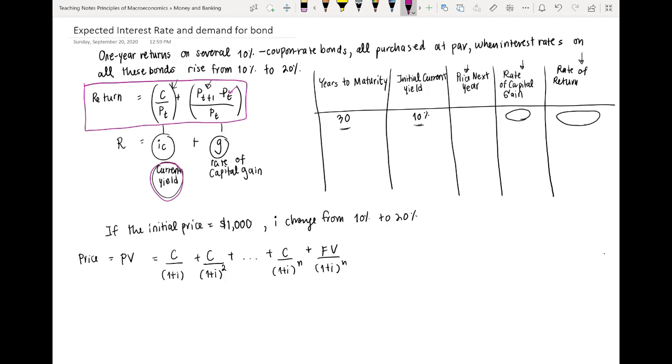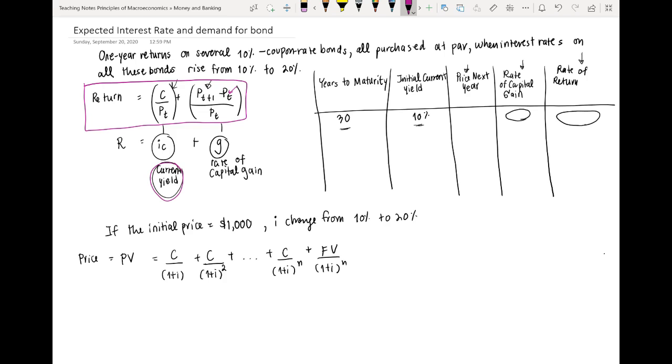So let's say if I have one long-term bond, 30 years to maturity, and the initial current yield or coupon payment is 10%. 10% times $1,000, let's say face value is $1,000. Coupon payment per year will be $100 per year, right? The price next year depends on the interest rate that you think it's gonna be next year. So how do we calculate the price next year?